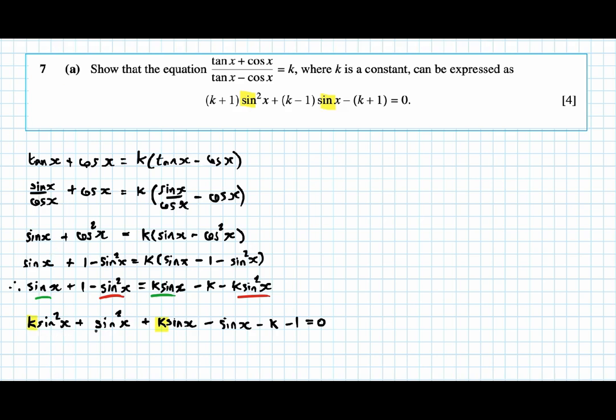So that's the end of it, really. If you think about it, just factorizing out, you'll get k plus 1 of sine squared x plus k minus 1 of sine x. And lastly, minus k, and then of course it's going to be plus 1 because it's a negative outside the bracket. That's part A for question 7.